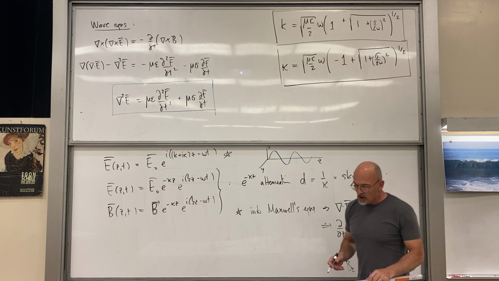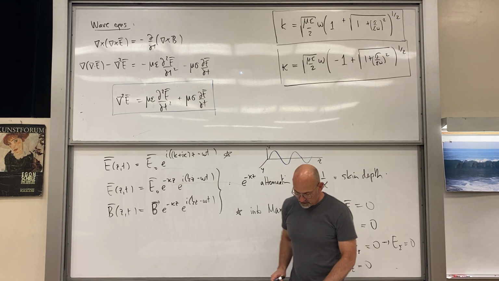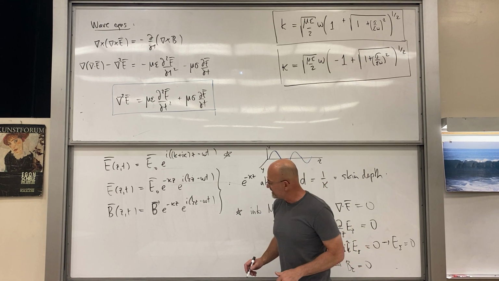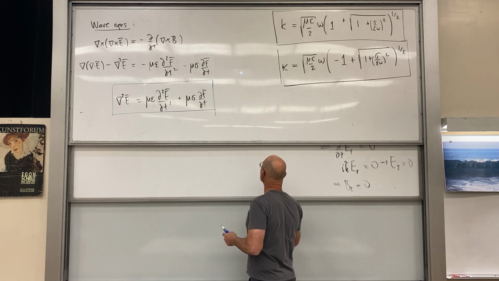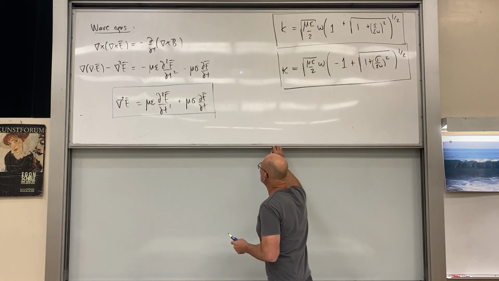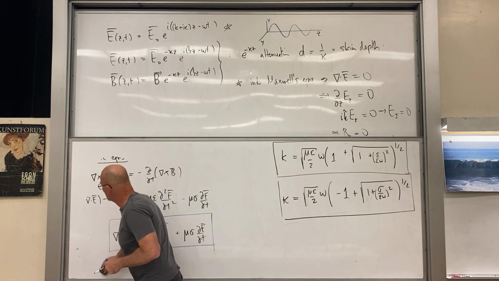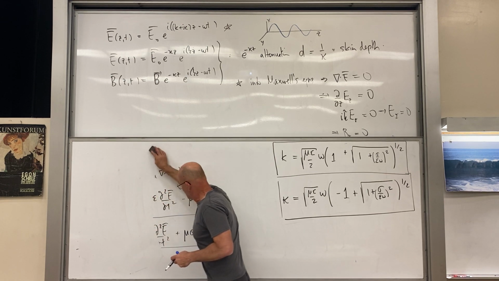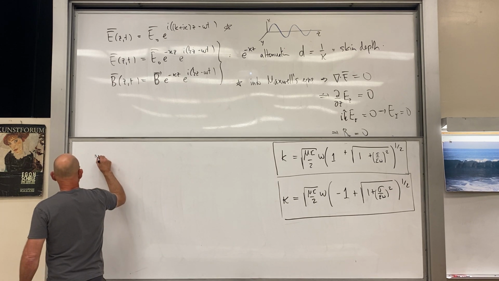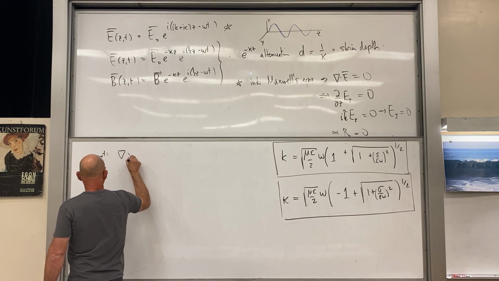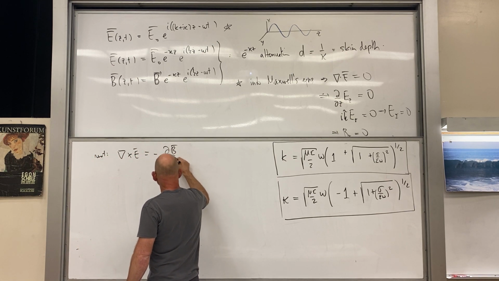Then we'll take Faraday's law. Curl of E equals minus dB/dt. So let me go ahead and set this up. So next, curl of E equals minus dB/dt.